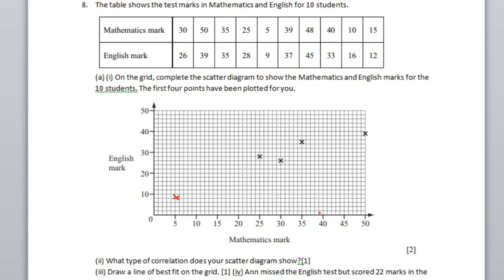This is 39, and 37 will be, this is 32, 36, 38 is here, so 37 will be in between these two lines.